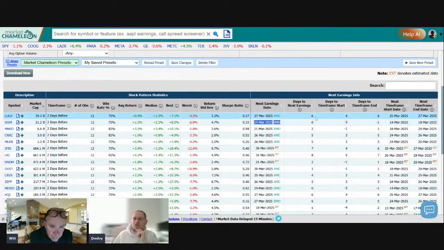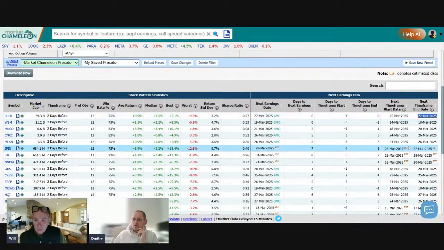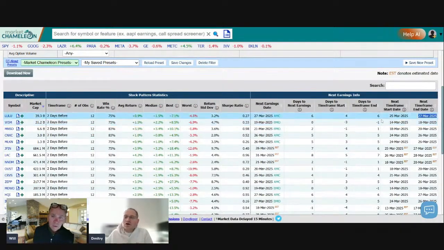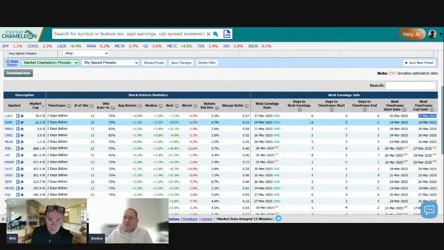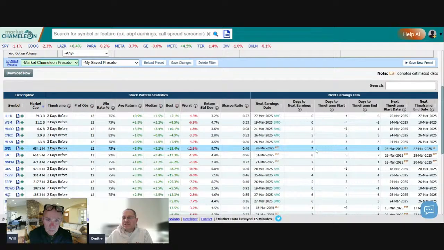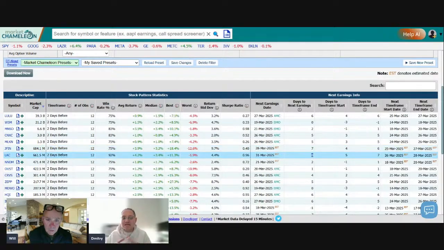in the next 6 days, this would be the time frame. Next 6 days in Lulu. This one, it's already past the start time frame. You'd be just looking at the ending time frame here. But over here, you could see would be stocks coming up that meet this particular historical tendency.